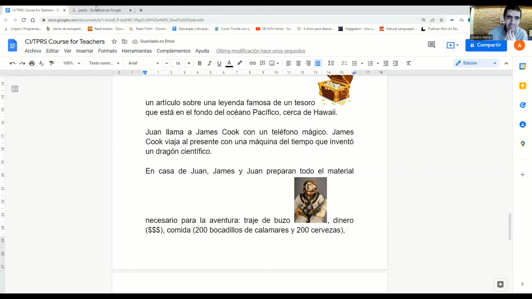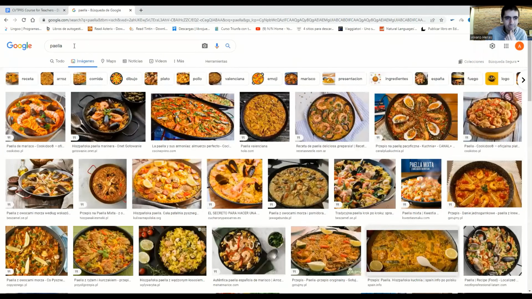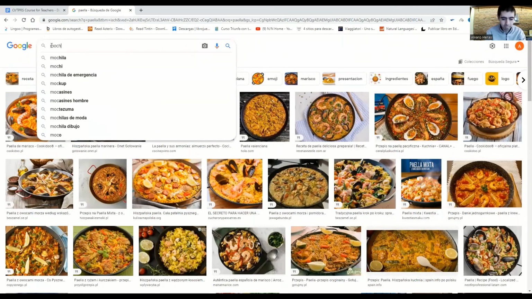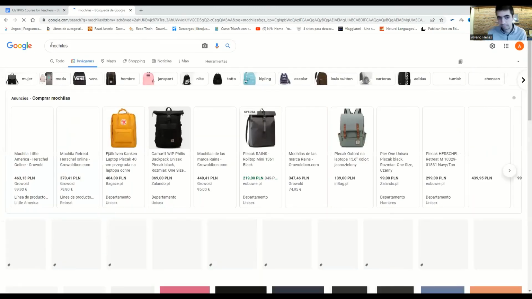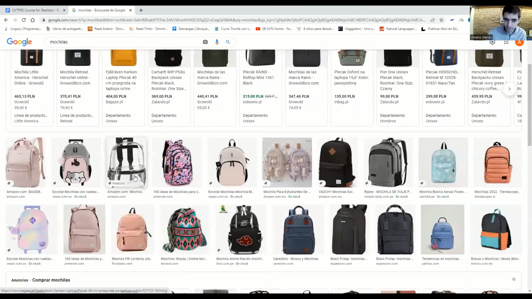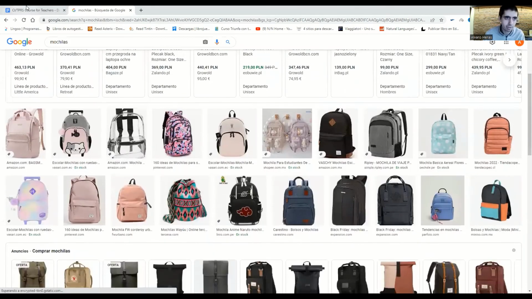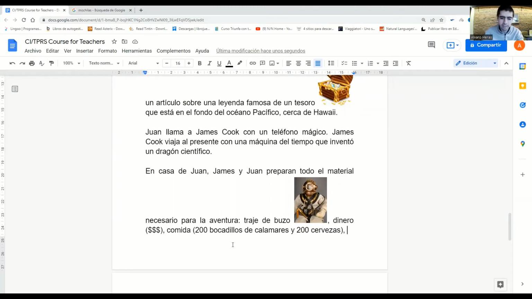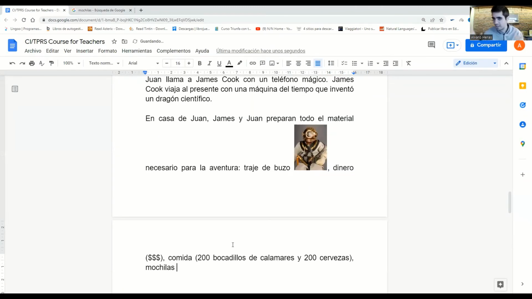Y también necesitan, bueno, necesitan mochilas, sí. Okay. Perfecto. So again, it's a good opportunity to talk about different objects and so on. And because I'm using the picture and the context of the adventure itself, you also understand what I'm talking about, you know?